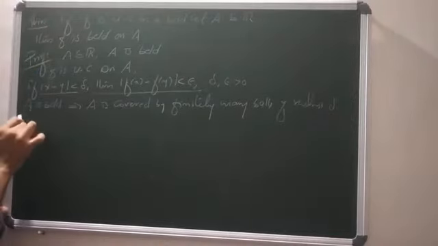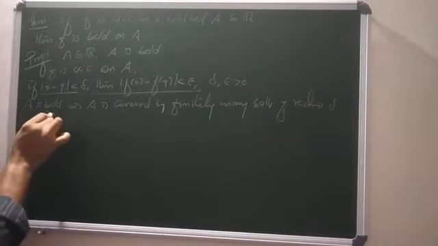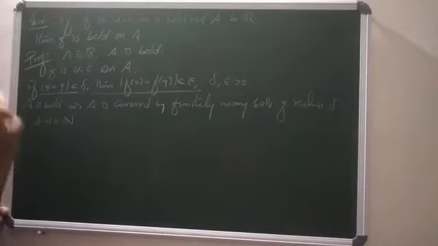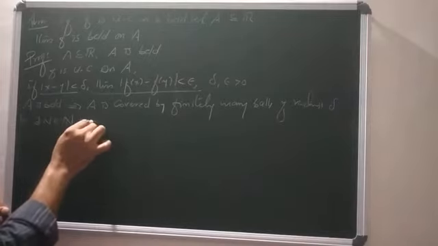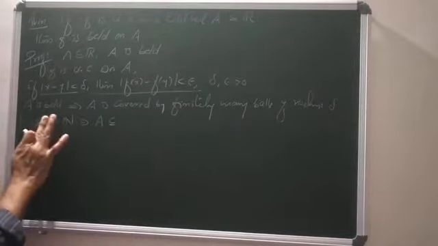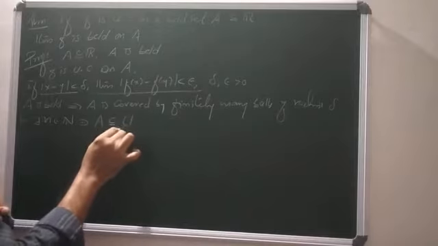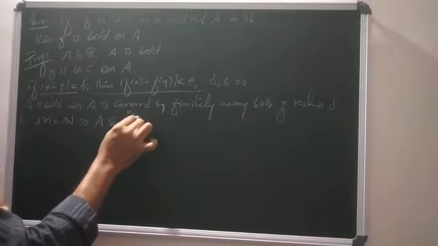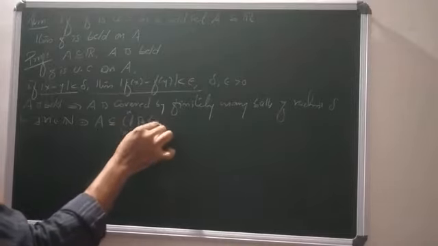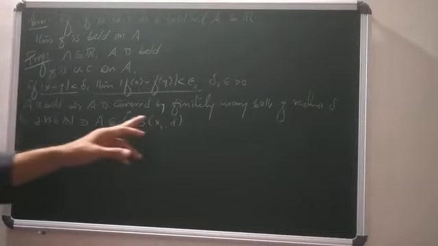That is, there exists a natural number n such that A is a part of the union, i ranges from 1 to n, of the open ball x_i, delta.